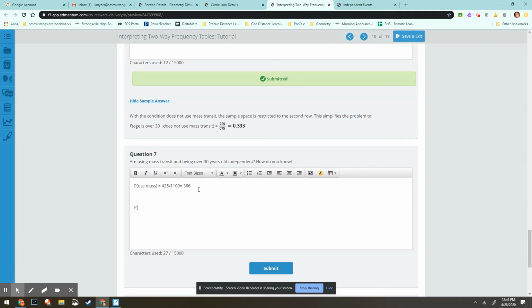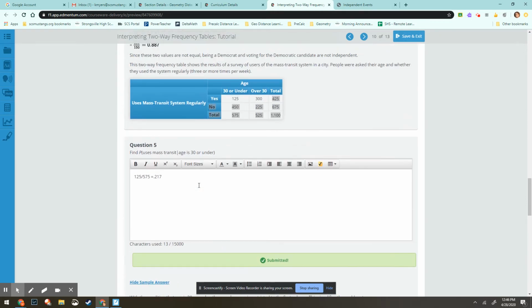Then we want to find the probability that they use mass transit given that they are over 30. This restricts my denominator to 525, and there are 300 people over 30 that use mass transit. So 300 over 525 gives us about 0.571.